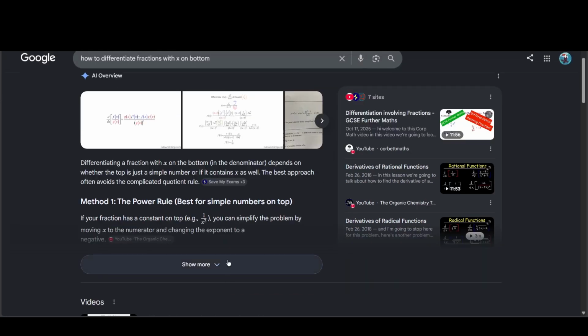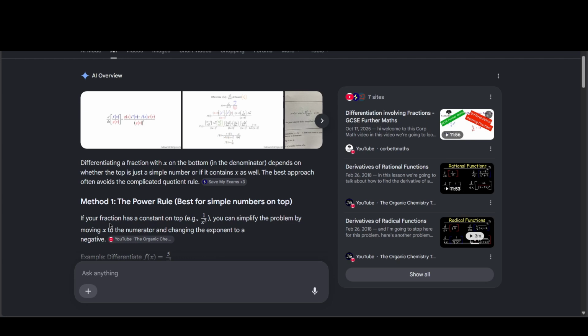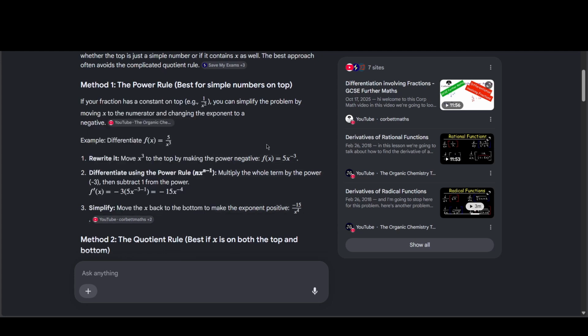You can simplify the problem by moving x to the numerator and changing the exponent to a negative.